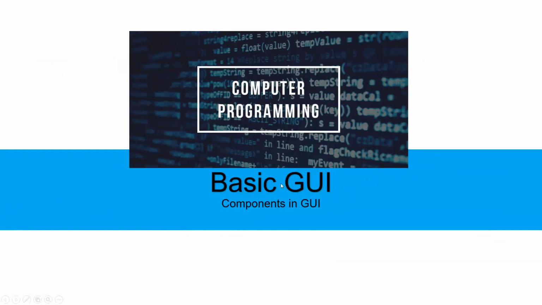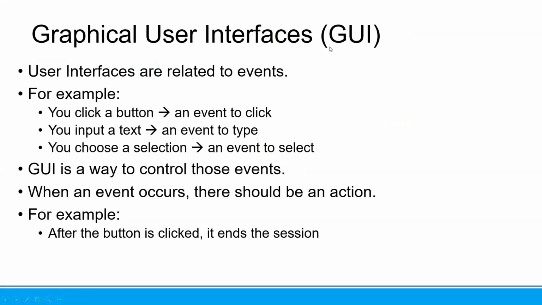So we are going to use the GUI. Then we are going to learn the components in the GUI. GUI is graphical user interface, and user interfaces are related to events. For example, you click a button, and if you click a button, it means there is an event to click.